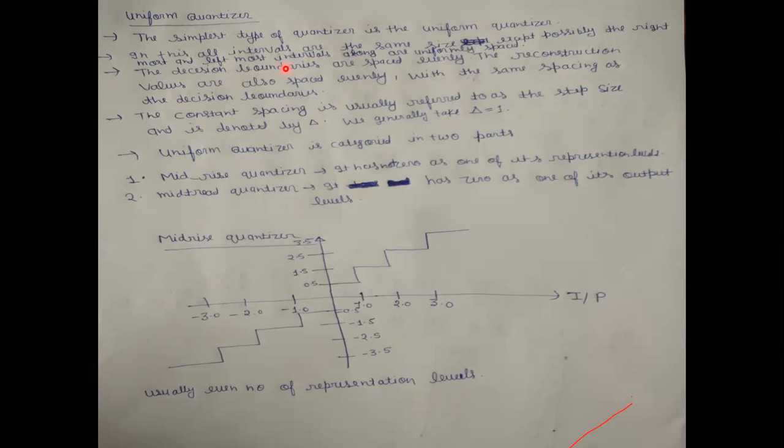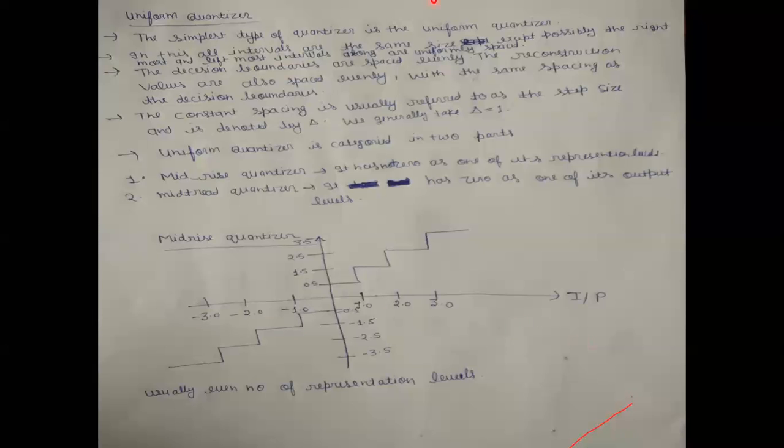All the intervals in the uniform quantizer are uniformly spaced, of the same size, except possibly the rightmost interval and the leftmost interval along the x direction.